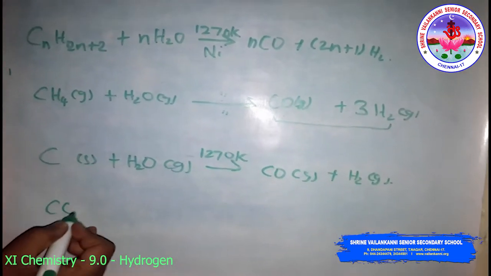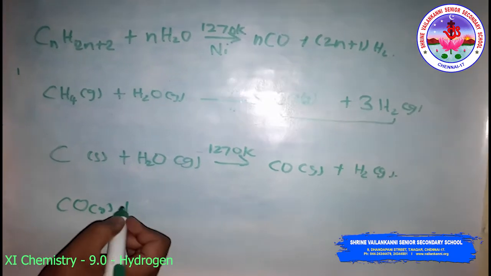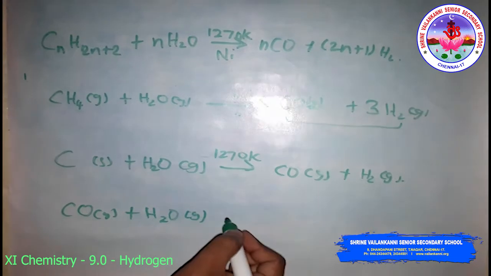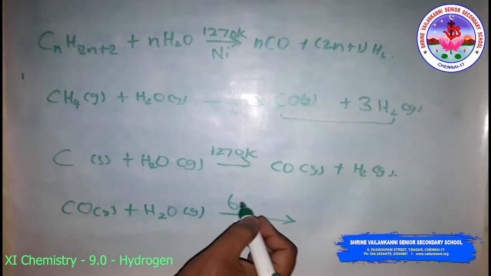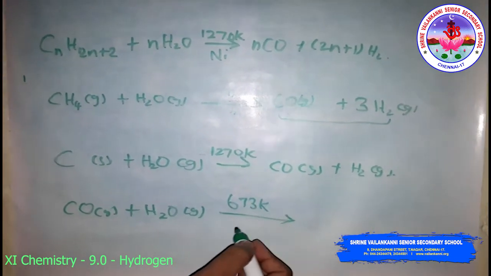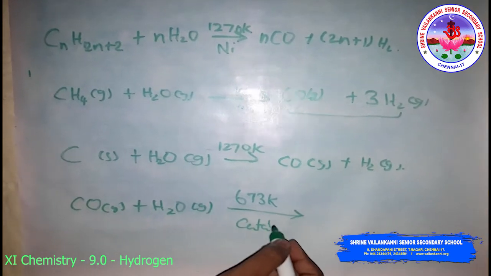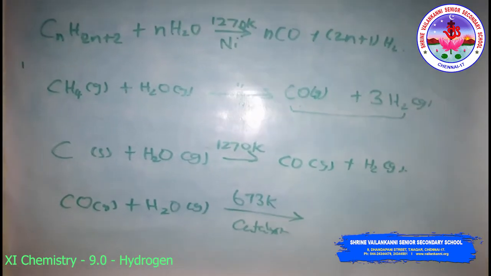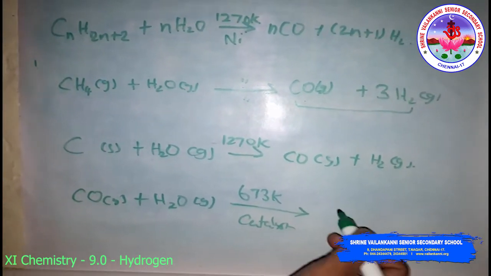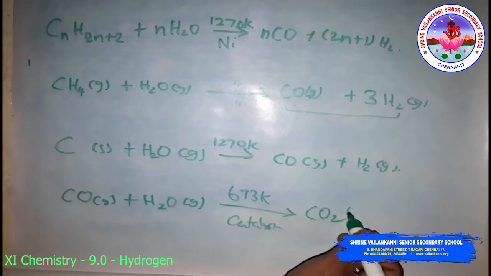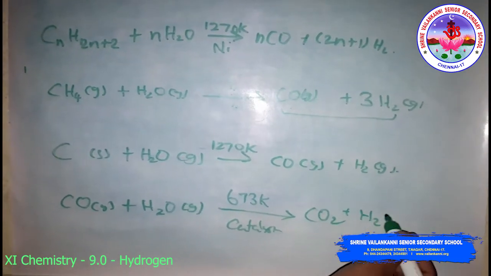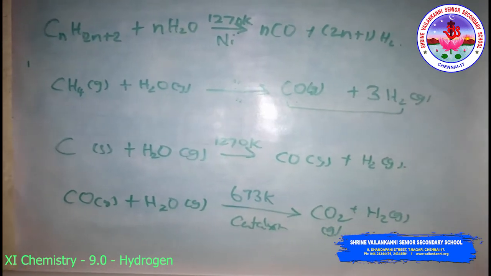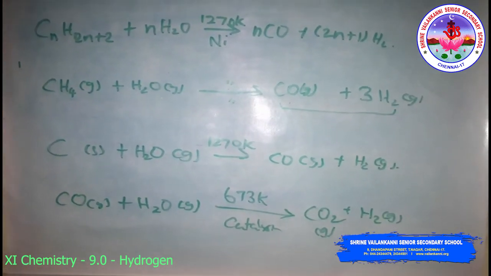Carbon monoxide gas reacts with water gas at 673 Kelvin using the iron chromate catalyst, and you will get carbon dioxide gas and H2 gas. So, this is called water gas.